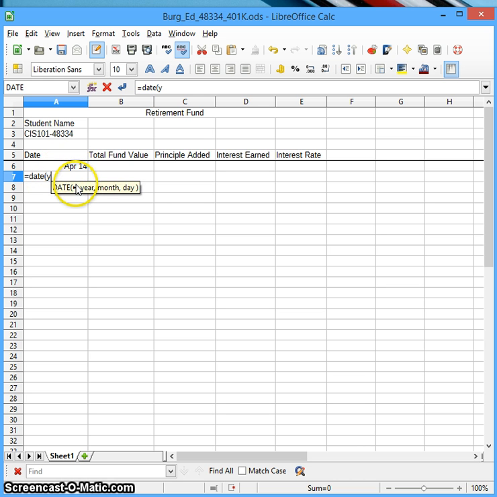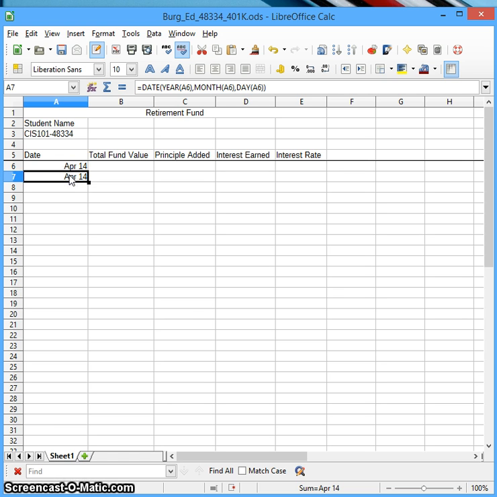So this is going to be the year first of A6, and we have to put A6 in parentheses, and then you can see it's separated by a comma, and then we put the month of A6, a comma, and the day of A6. Okay? And then we need our closing parentheses. It's a math thing. Now this should give us the exact same day, and we don't want that.